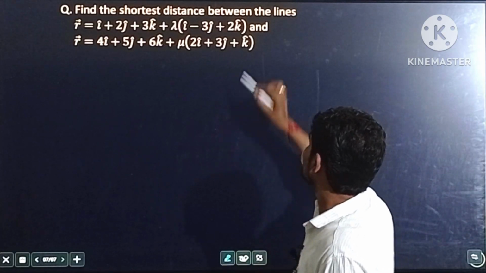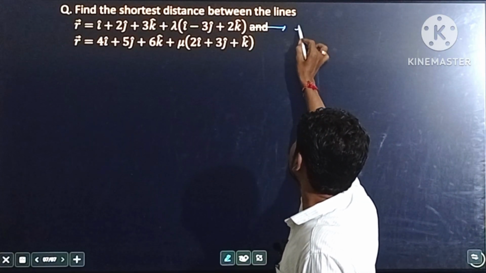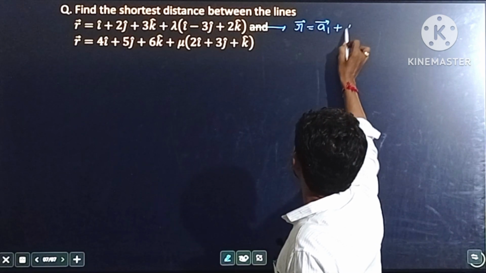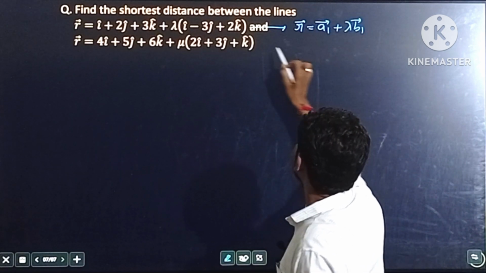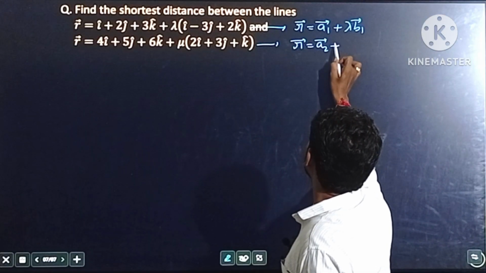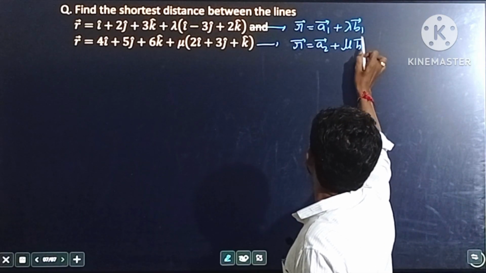For finding the direction vectors, compare the first line with r vector equals a1 vector plus lambda times b1 vector, and the second line with r vector equals a2 vector plus mu times b2 vector.